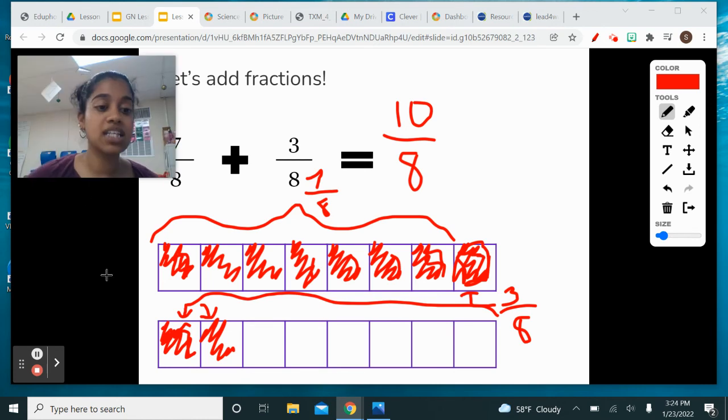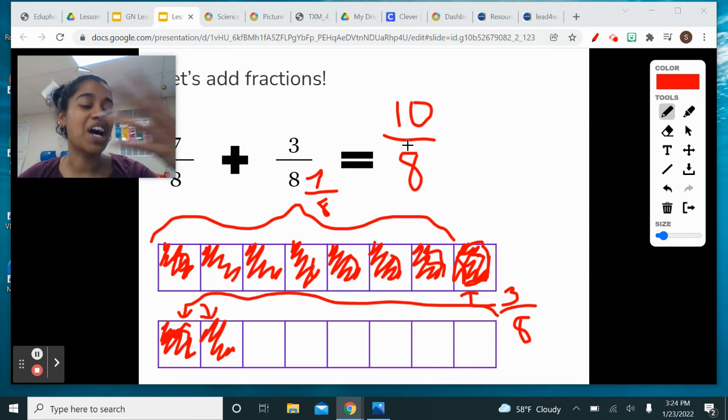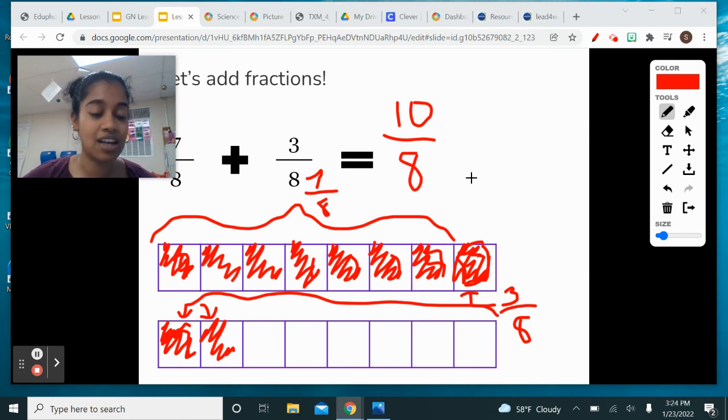Because what happened was I took a cake and I cut it into 8 equal pieces and I wanted 7 of them. But then I changed my mind and I said, oh, okay, I want 3 more pieces of cake. So I took 1 more, that filled up a whole cake, and then I took 2 more pieces. So all together I have 10 pieces of cake that were cut into 8s. So I have 10 8s of cake.